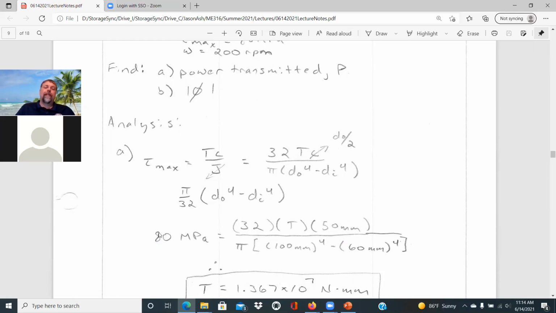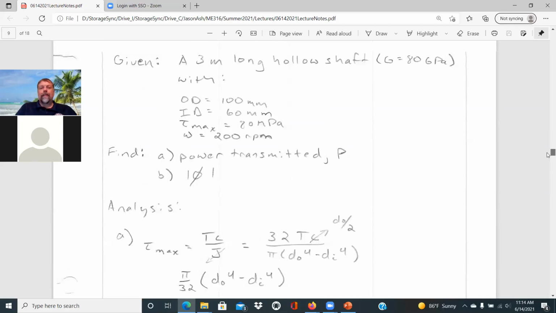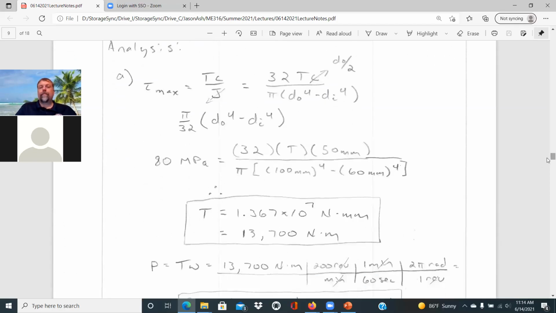And so plugging that all in, 80 megapascals, 32 times torque, diameter outer over 2 is 50 millimeters. Outer diameter is 100 millimeters. Divided by pi, divided by 100 millimeters to the 4th minus 60 millimeters to the 4th will give us then one equation, one unknown, where we can solve for torque.